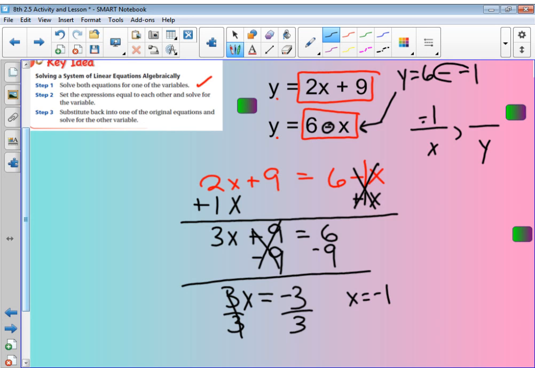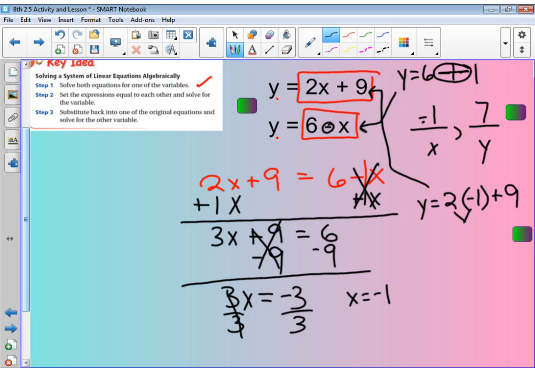What's going to end up happening here? It becomes a plus sign. So 6 plus 1 is 7. If I want to double check myself, I can do that. I could go ahead and substitute into this equation. Because like I said, it doesn't matter which equation you choose. So if I were to do this one, it would be y equals 2 times x, which was negative 1, plus 9.